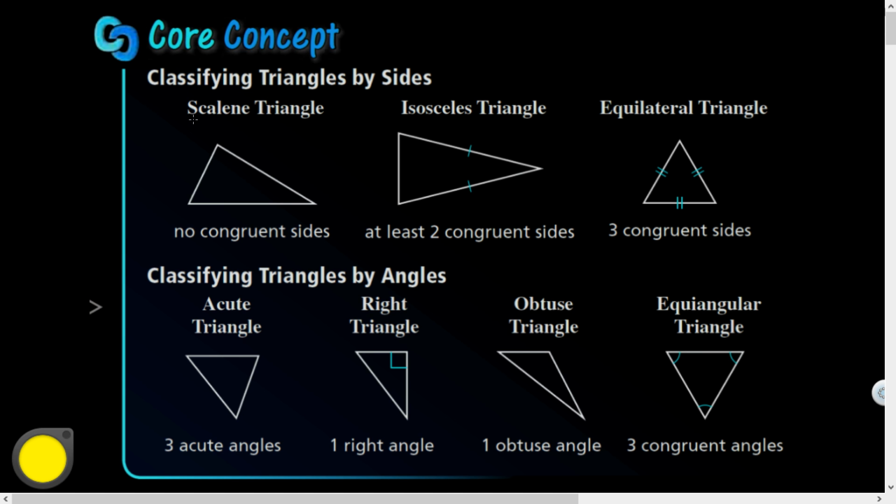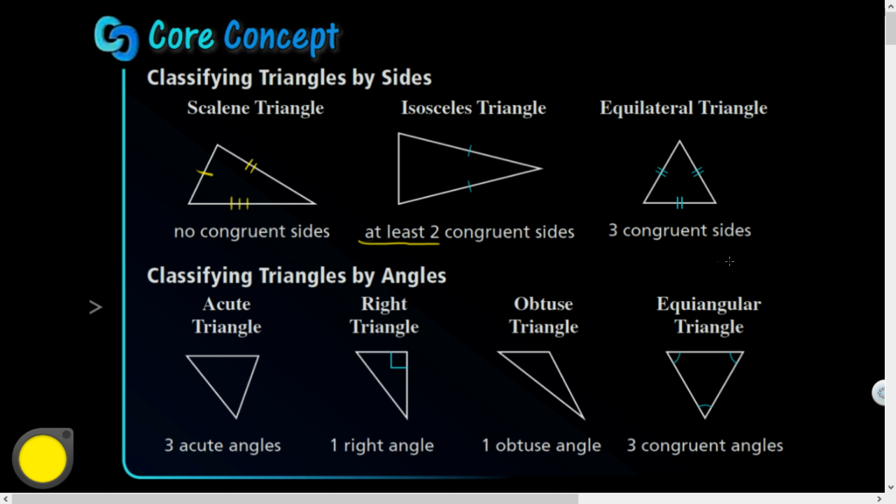So here we go. A scalene triangle has no congruent sides. Did you know that? So it's like these guys, all three non-congruent sides. Isosceles triangles have at least 2 congruent sides, which means that this next type, equilateral triangle, is a type of isosceles because of the at leastness that was written there.